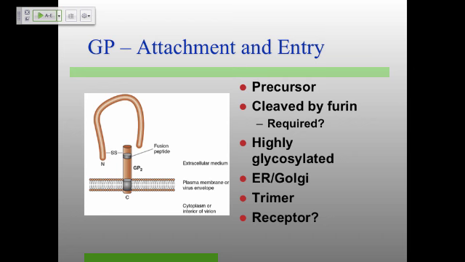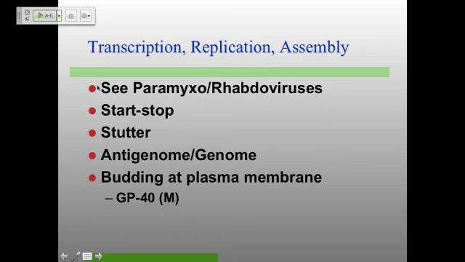But again, this is purely hypothetical at this point. One idea that people have is to try and get rid of this secreted glycoprotein and see if that might work also as a vaccine. That hasn't progressed as far as some of the other ones. And again, what it's binding to is still a little bit of an open question. It seems to vary a little bit from virus to virus.